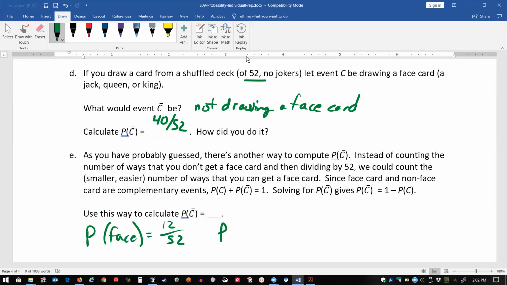So the probability of not drawing a face card would simply be 1 minus 12 out of 52. And that would give me my 40 out of 52 that I computed the other way. Cool. Very good idea to have a good handle on this connection between an event and its complement.